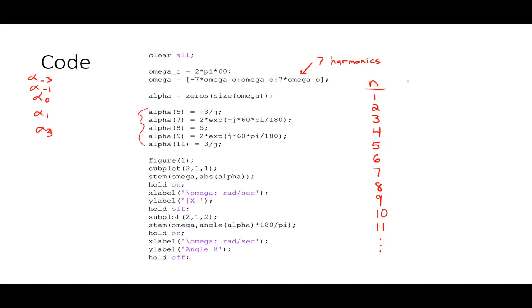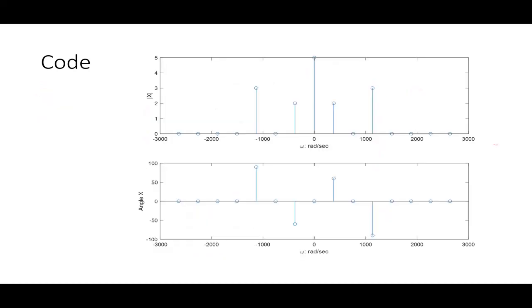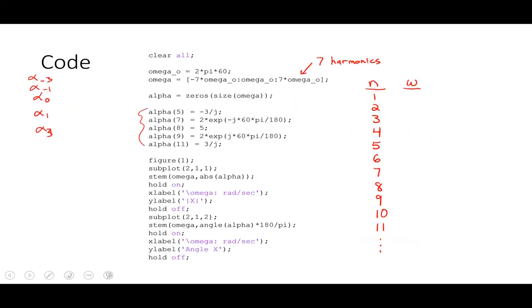Let's write what the omega value is for each of those. Well, if I look at my omega vector, the very first entry is -7 omega naught. Okay? Means the second entry is going to be, because I incremented in steps of omega naught, -6 omega naught.